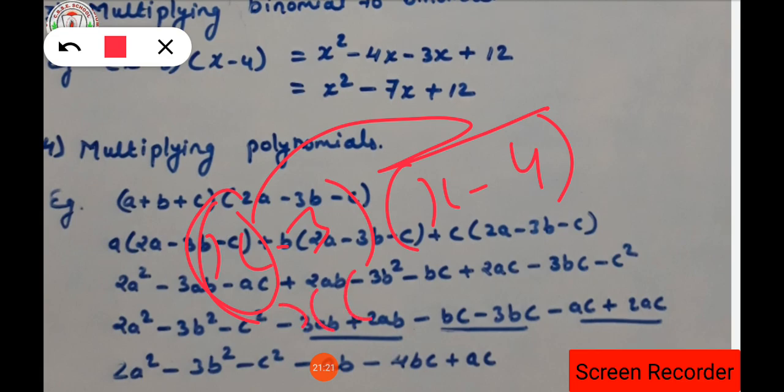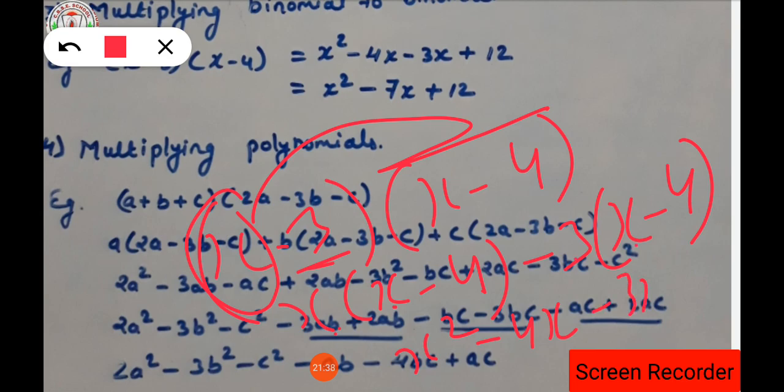So x into x minus 4. Then what is the next term? Minus 3, which will again multiply with x minus 4. So x into x will be x square. x into minus 4 will be minus 4x. Minus 3 into x will be minus 3x. Minus and minus will become plus, 3 into 4 will be 12.